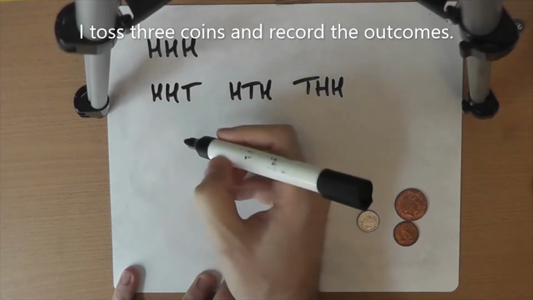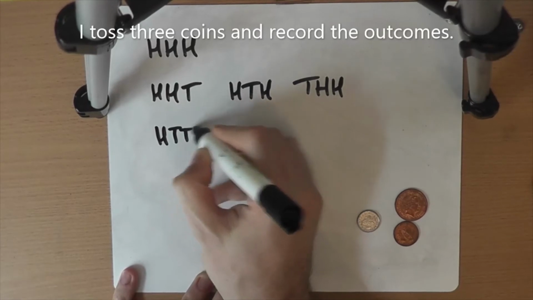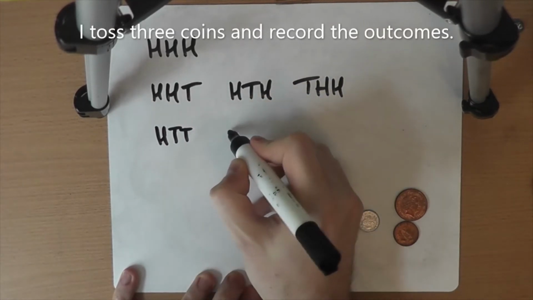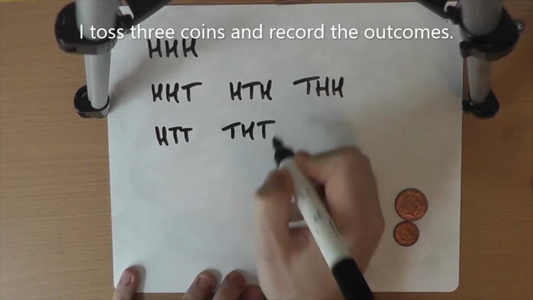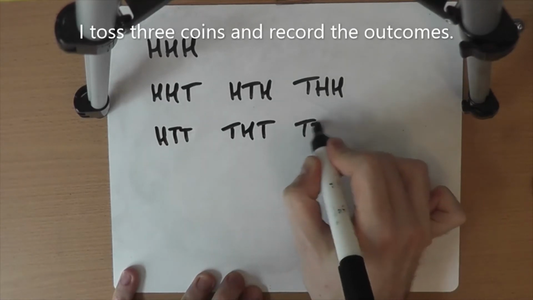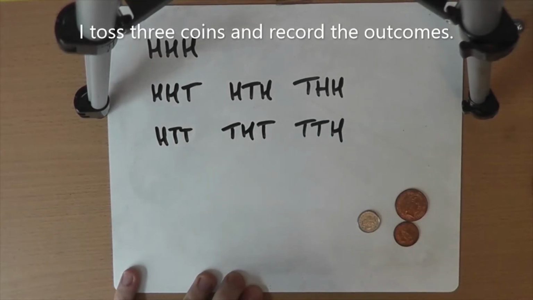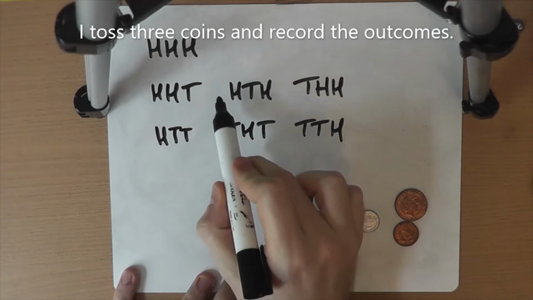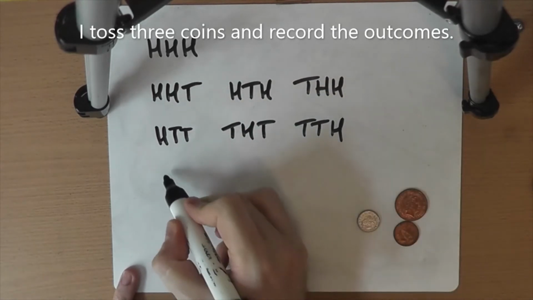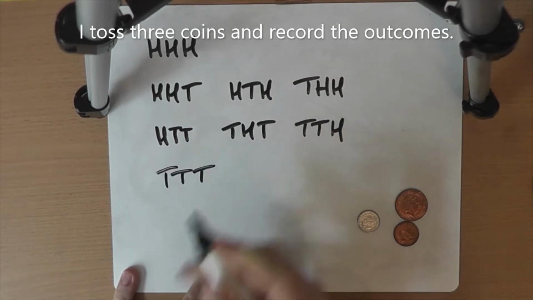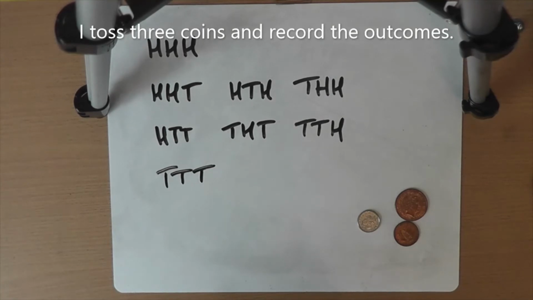We could have the option where we get 2 tails. So maybe it's head and 2 tails, or maybe it's tail, head, tail, or maybe it's tail, tail, head. 3 different ways of having 2 tails. So no tails, 1 tail, 2 tails, and then we could have the option where we get all 3 tails.